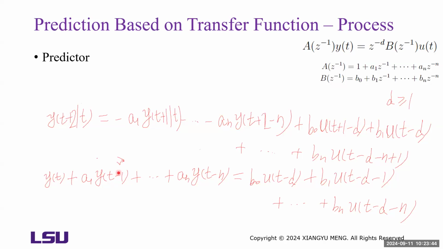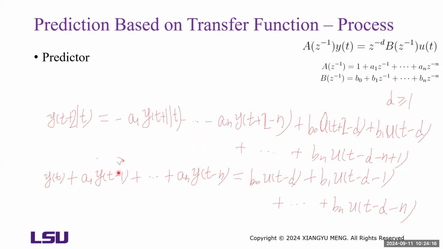It depends on the time delay: u(t+2-d) could be a past input or a future input. Then we can use our hat notation, the u-hat. It depends on the value of d; it could be a future input or a past input.